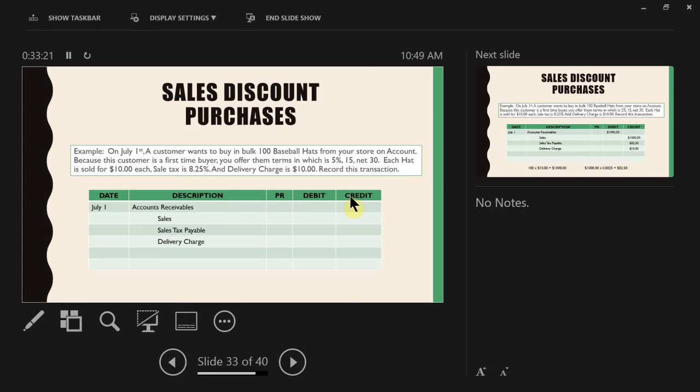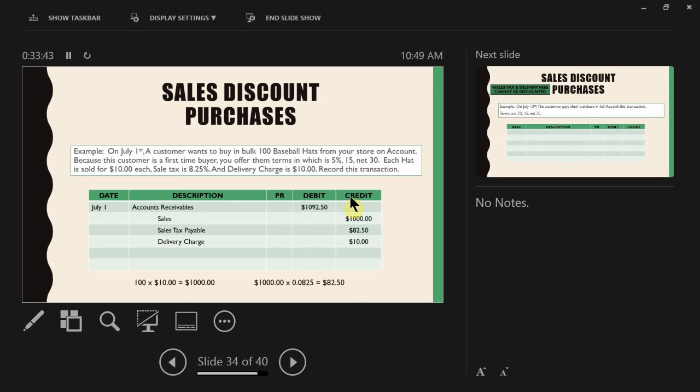He's got terms. He's got a period of time to pay me back. We sold to him 100 baseball hats at $10 each. We need to charge him sales tax, and because we're going to deliver it to his house, we're going to charge him an additional $10 for shipping. So that's what you need to calculate.